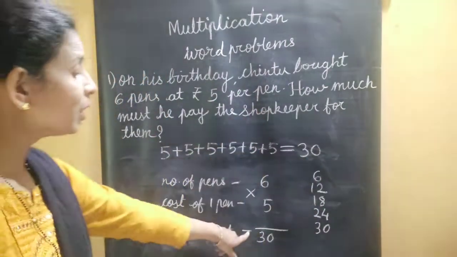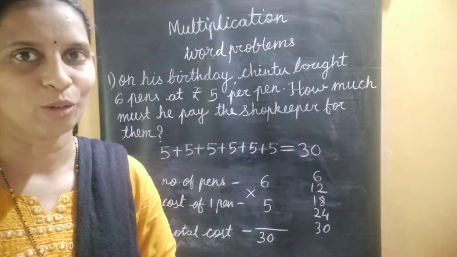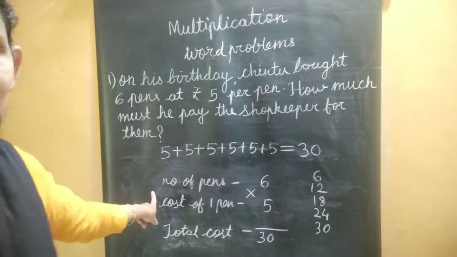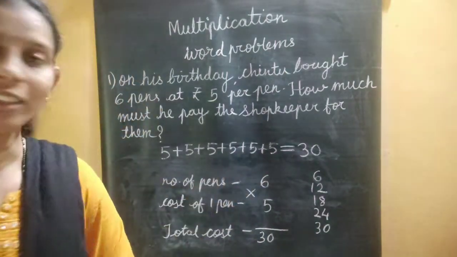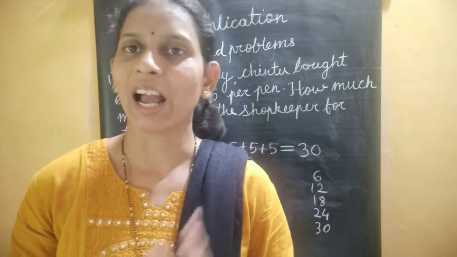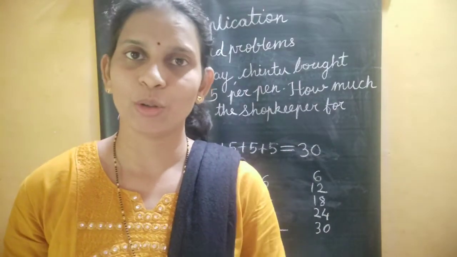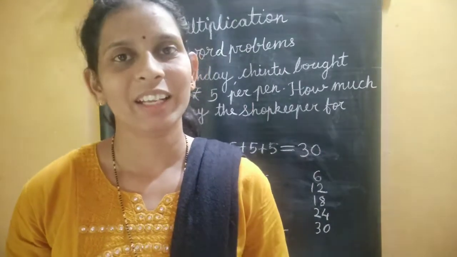Okay, but this is the easy method, and it takes time to add. Okay student, so you have to solve word problems by this method. Directly you have to say multiplication tables. So students, I hope you will all learn multiplication tables from 2 to 10. Okay students, very good. Now we will see the next example.